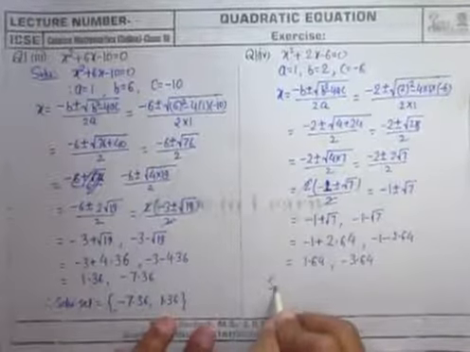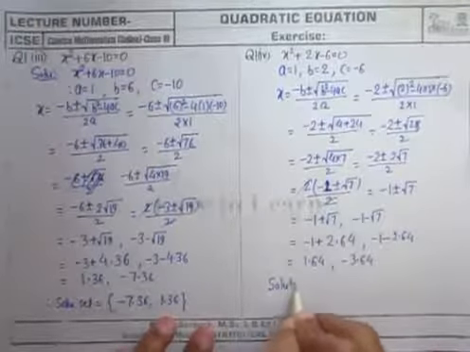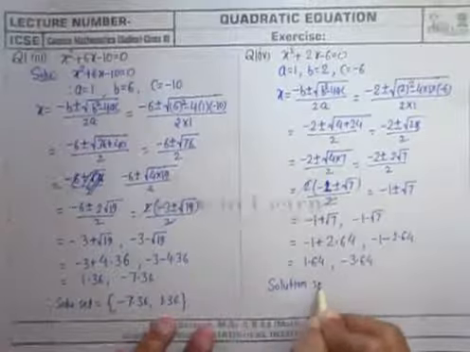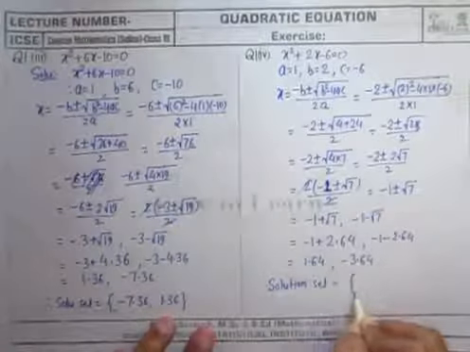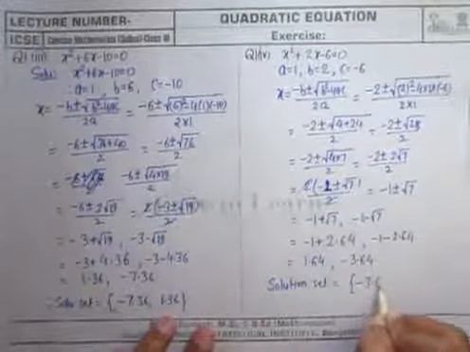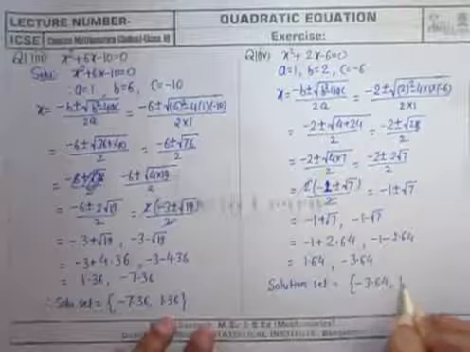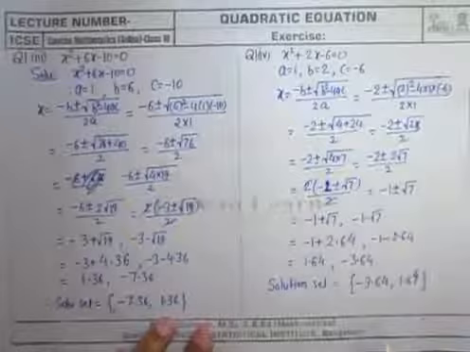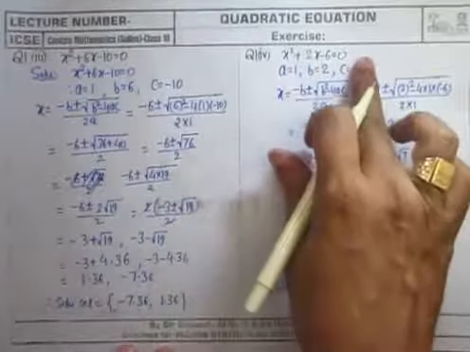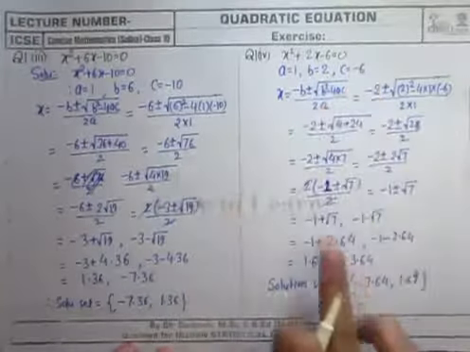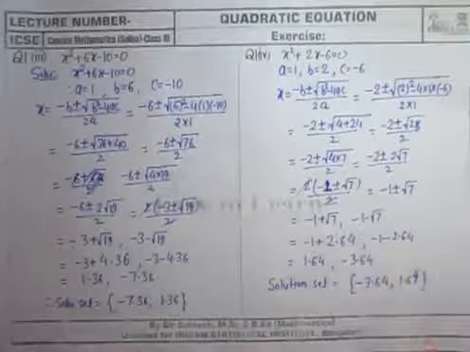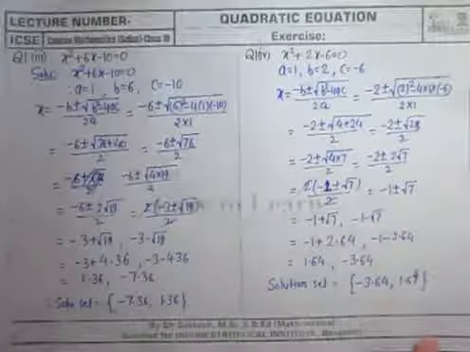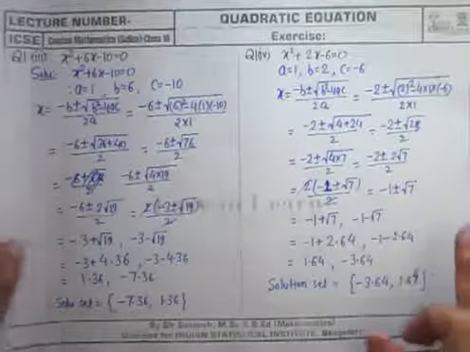So solution set will be equal to minus 3.64 and 1.64. Here in this question it is not asked to write the answer up to 1 or 2 decimal places, so you can leave the answer up to here also. But generally I prefer to write the answer in decimal.